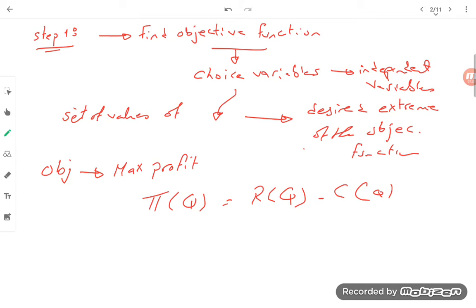And the choice variable, or independent variable, is quantity Q. So we would like to define the optimal level of Q that helps to achieve the desired objective, which is maximum profit. So this is the main idea of optimization.